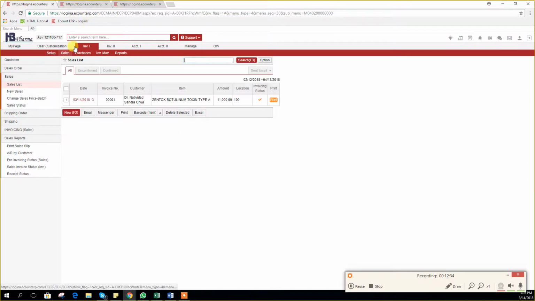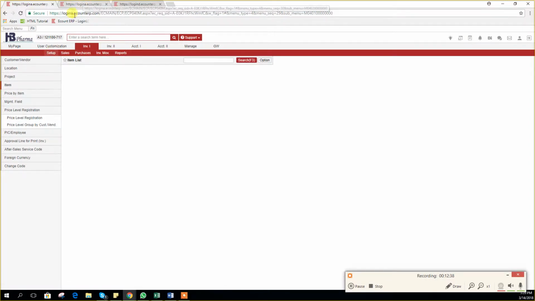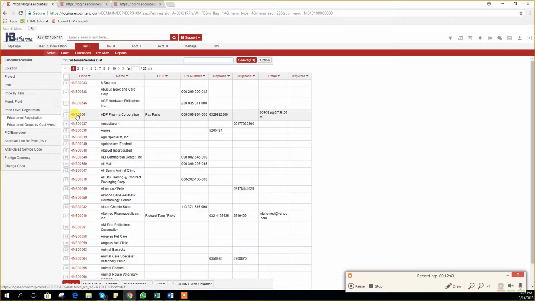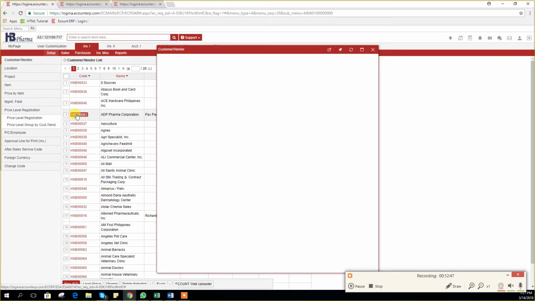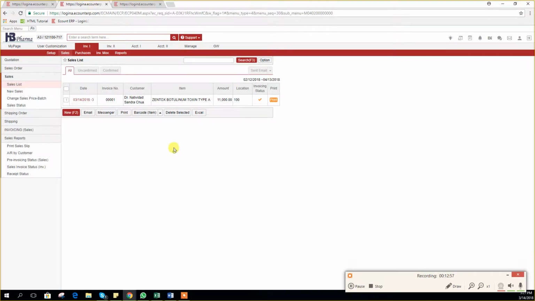So now, let's take an example from your customer here. Your ADP Pharma Corporation here is using US dollar, right? Yes. Okay, so now I'm just going to explain how to deal with the foreign currency first. First of all, I'm going to do this inside your account.